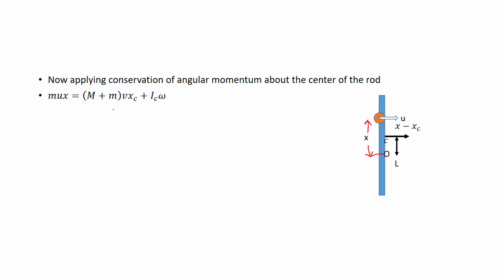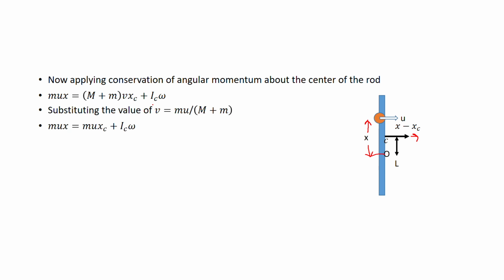Similarly, the angular momentum of the system after collision is (m plus M) into v into xc, because we are assuming that this entire system is here with total mass m plus capital M, plus Ic into omega, where Ic is the moment of inertia of the system about point C.